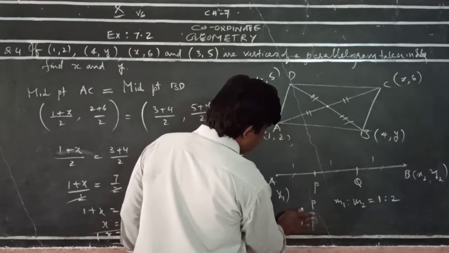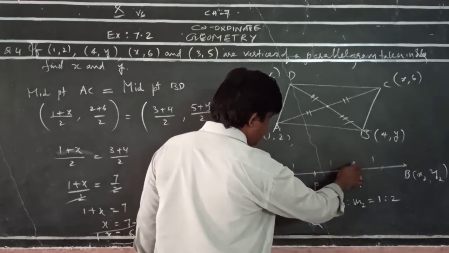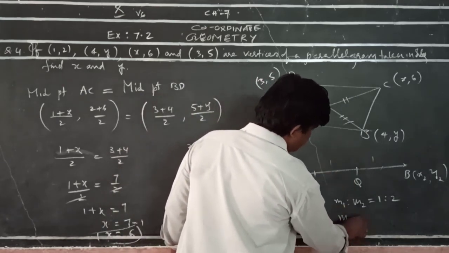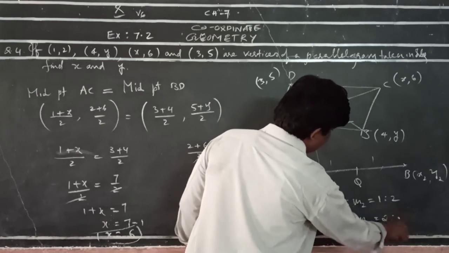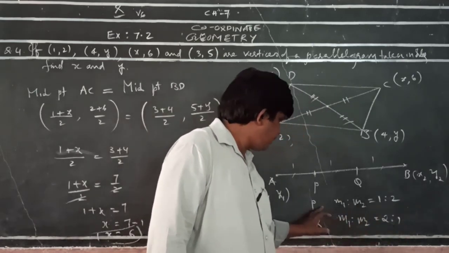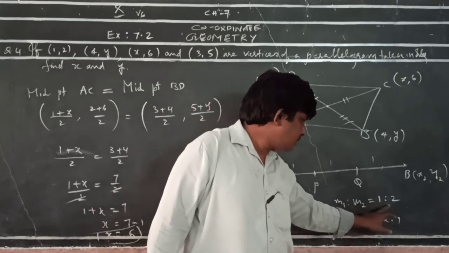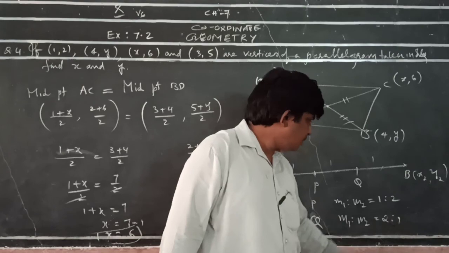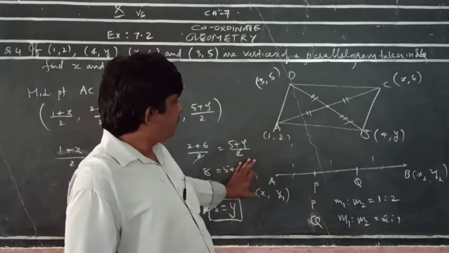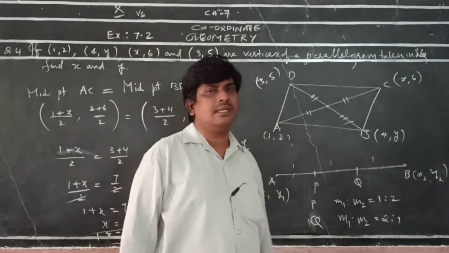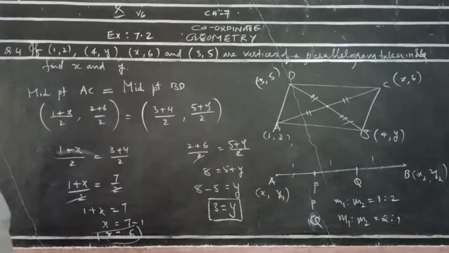To find Q, there are 2 parts, so m1 is to m2 is 2 is to 1. By taking these ratios, to find P, the m1 to m2 ratio is 1 is to 2, and to find Q, the ratio is 2 is to 1. Then we can find the P value and Q value, so that P and Q divide the given line segment in 3 equal parts. That is called a trisection.